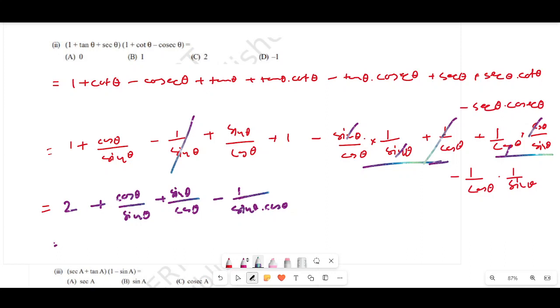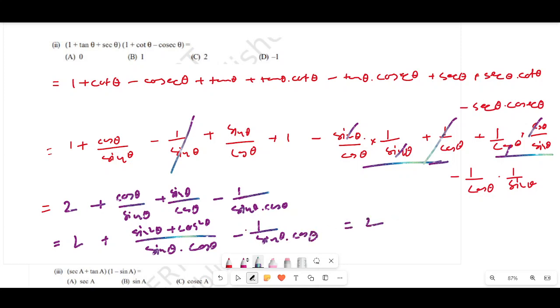Now if we solve it, sin square theta plus cos square theta will come. Clear? So it will be sin square theta plus cos square theta upon sin theta into cos theta, minus 1 by sin theta into cos theta, that will be 2. It will be cancelled out, 2 plus 0, so 2 is the answer.